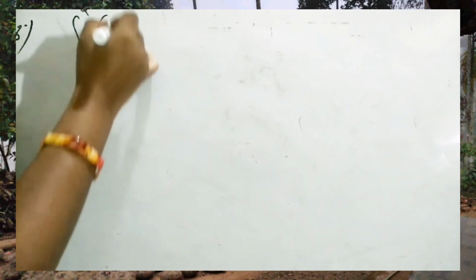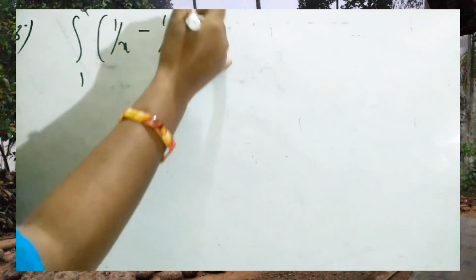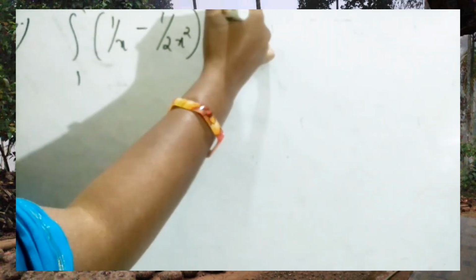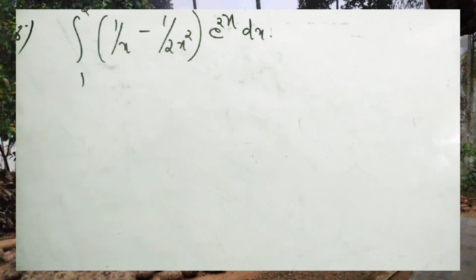Now 8th question. Integral 1 to 2 of 1 by x minus 1 by 2x square, e raised to 2x dx.